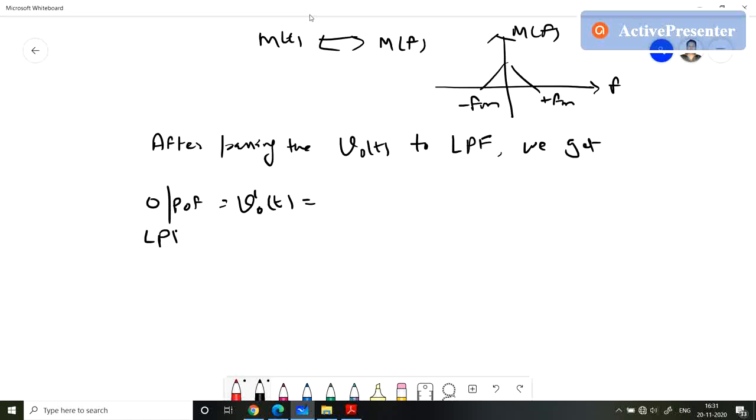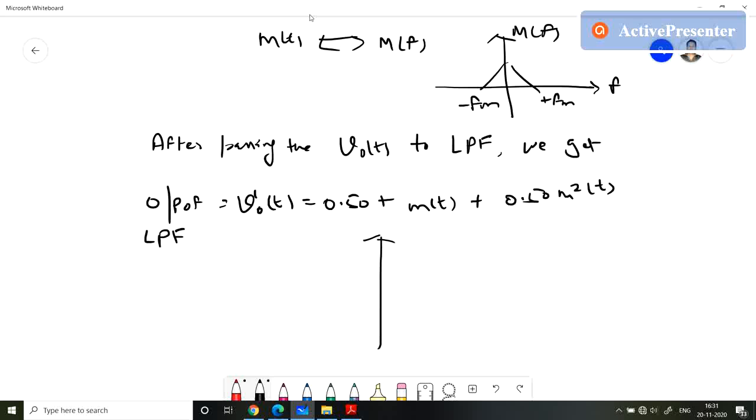That output is equal to 0.5 plus only the low frequency component it will extract. This is the final output we are getting, because the frequency components related to fc and 2fc will be filtered out by the low pass filter.